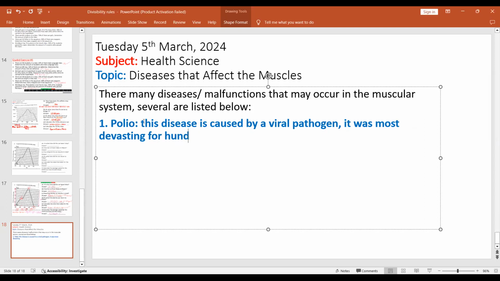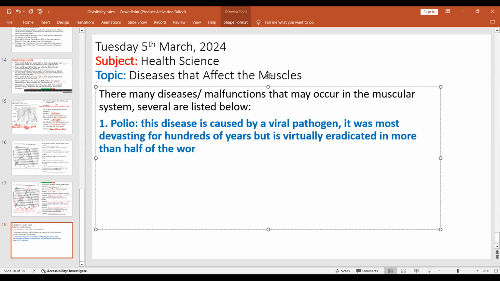For hundreds of years, but is virtually eradicated now in more than half of the world today. Right?